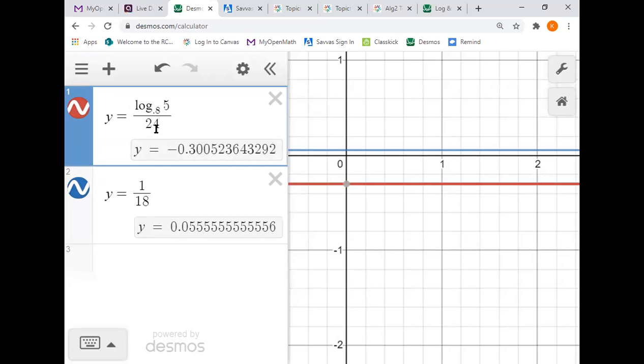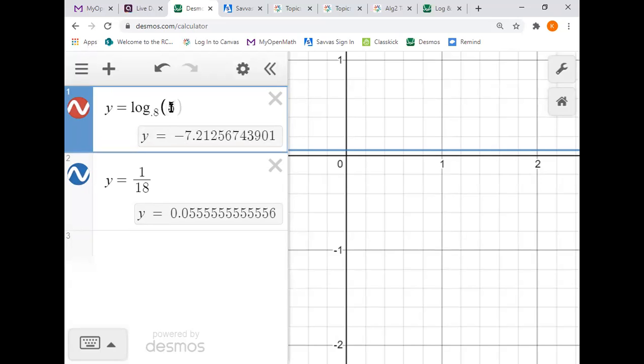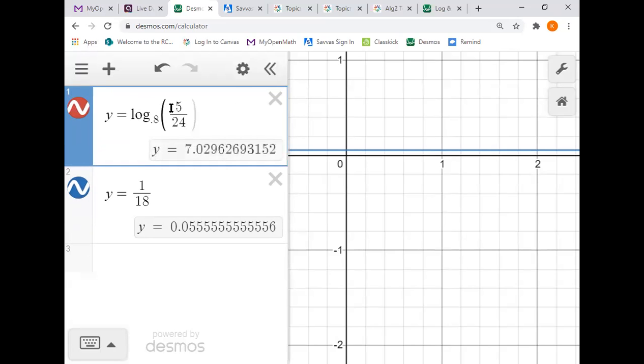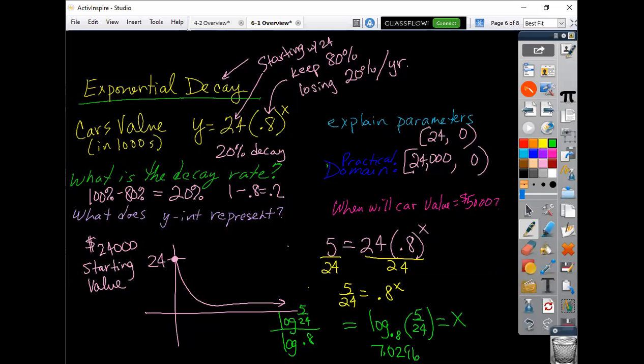Oh boy, that's not what I wanted. So there may be some parentheses in here. 5/24. 7.02962. That sounds familiar. Again, let's switch that back then here. 7.0296. Okay, so those matched up.